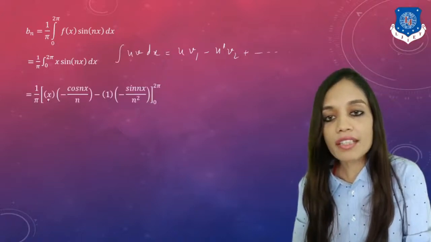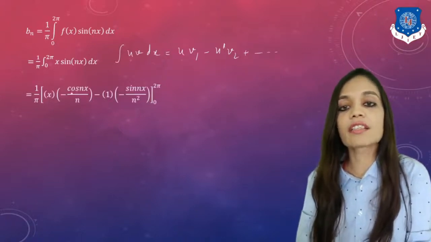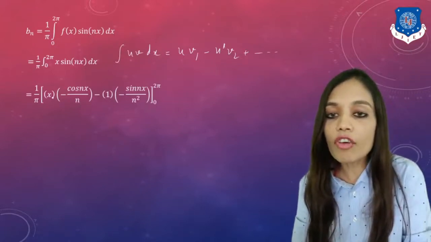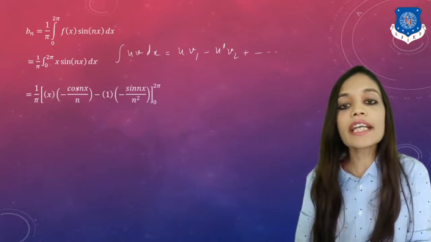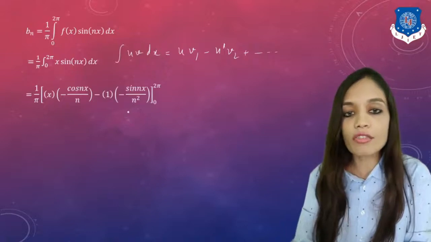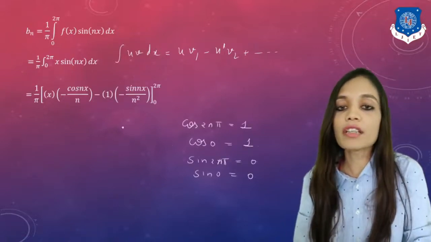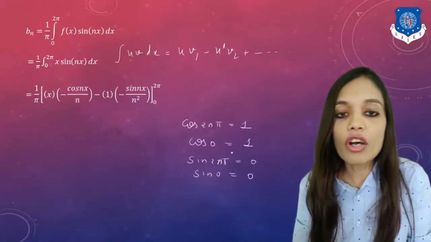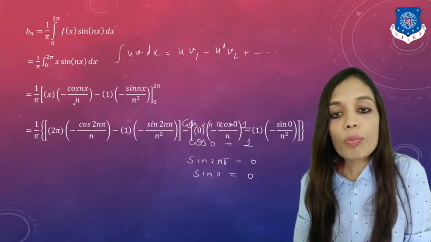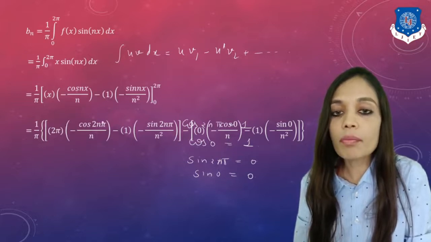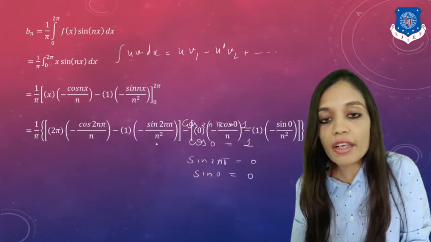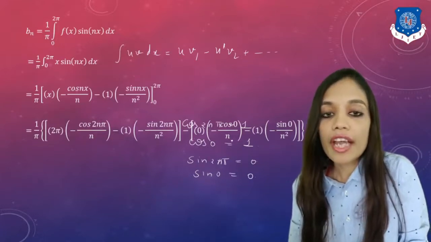So u will remain as it is, integration of sin nx is equal to minus cos nx upon n, minus derivative of x, that is equal to 1, and integration of this will be equal to minus sin nx upon n square. So now let us begin to put the values of all these functions. So putting the values, we will get 2 pi times cos 2n pi upon n minus 1 times minus sin 2n pi upon n square and so on.